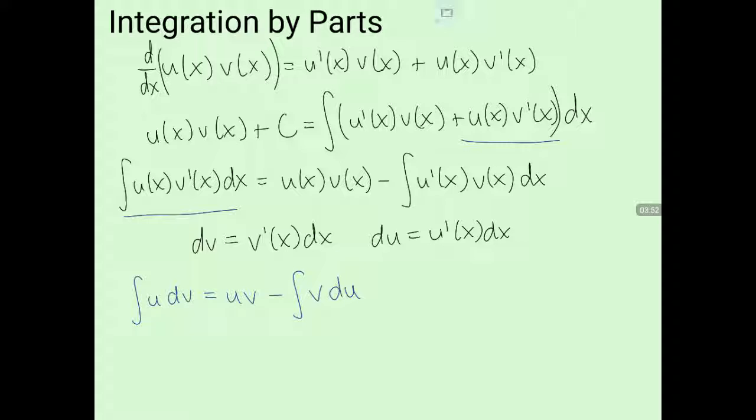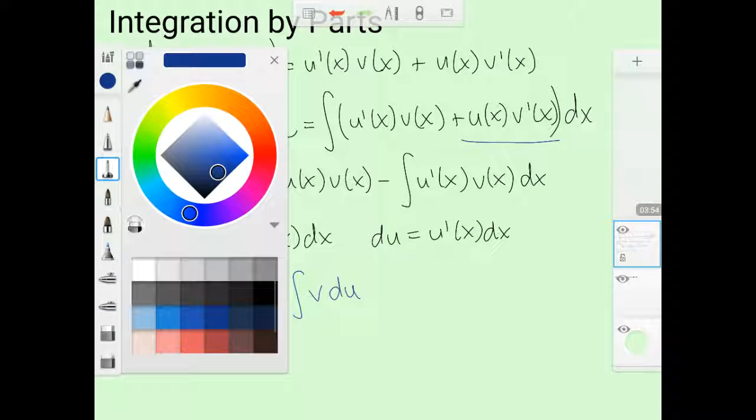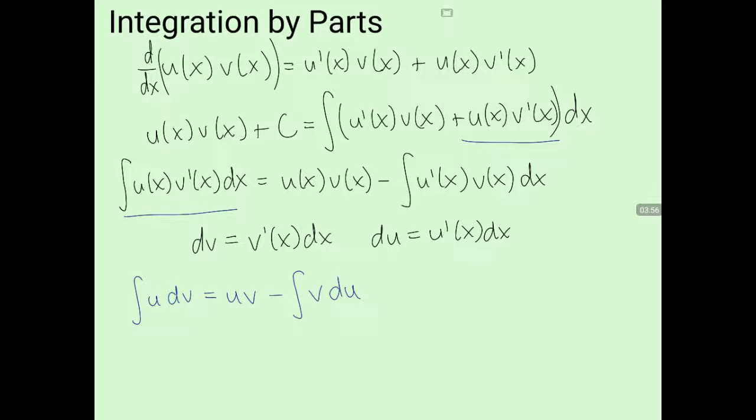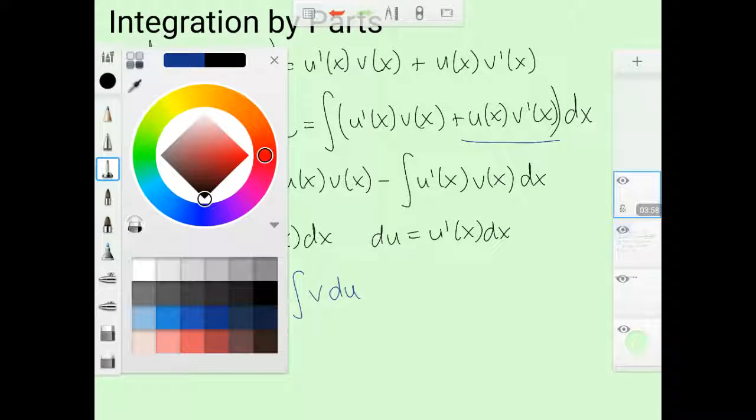So right now, let's take a look at an example where integration by parts is useful. So if we want to integrate the function x cosine x dx, and if you take a look at this, you'll see it's the product of two functions. So you might consider integration by parts, since it is indeed reverse product rule.